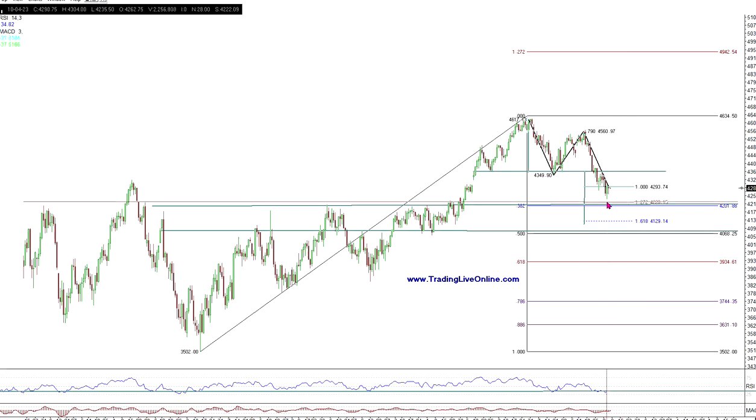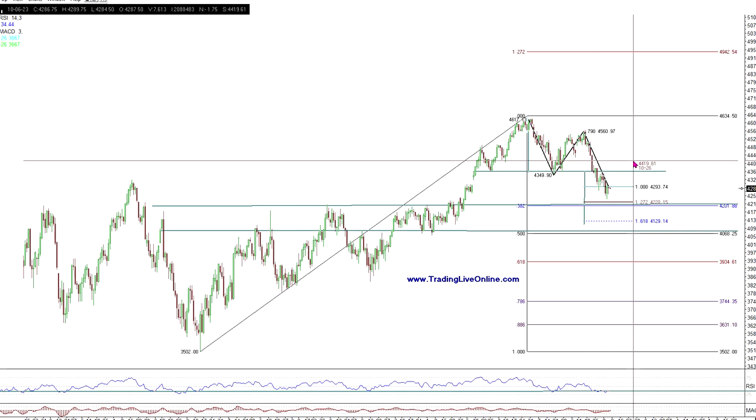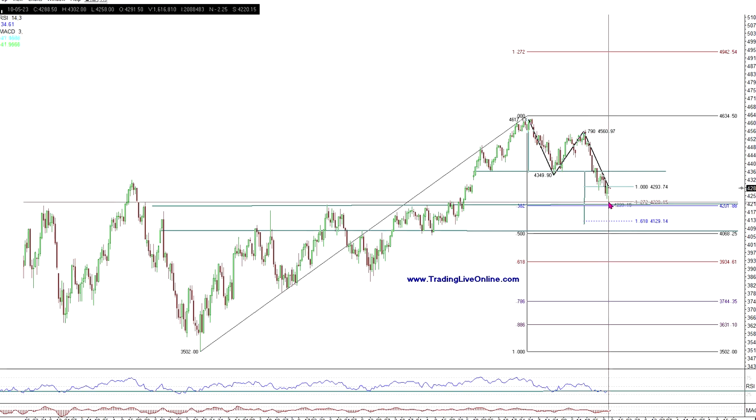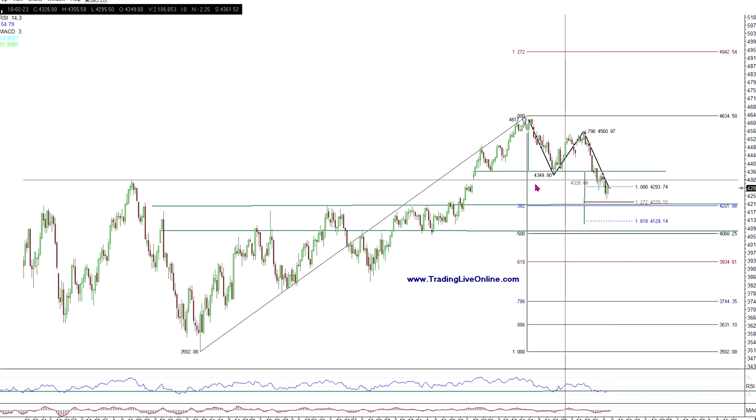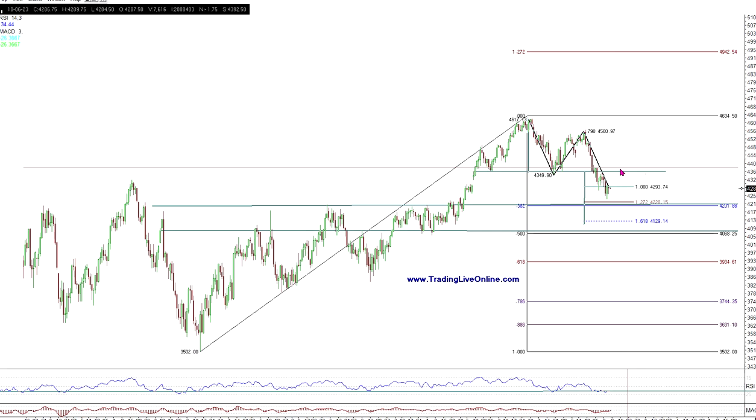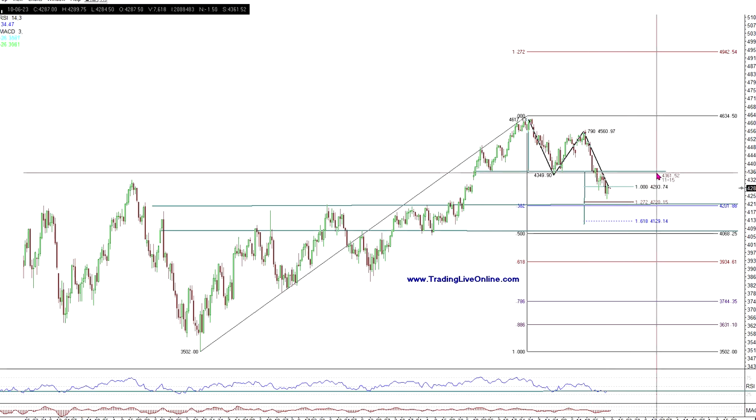So if the market were to turn up, say from the 0.382, the 1.27 extension, and start to really exceed that level, then I think that we can say that this decline may be over. So we want to mark this in as a current resistance, but support and resistance are only support and resistance until they are not. So we always have to monitor the price action.